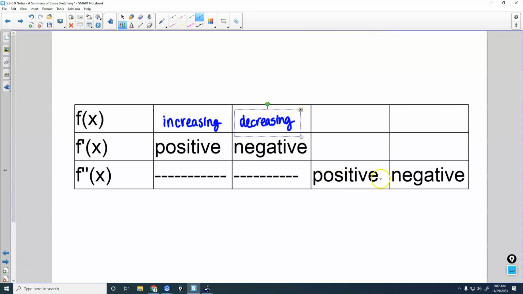If f double prime is positive, then f prime is increasing, and f would be concave up. And then for negative, we'd have decreasing and concave down.